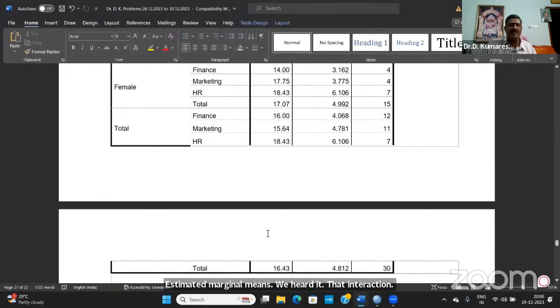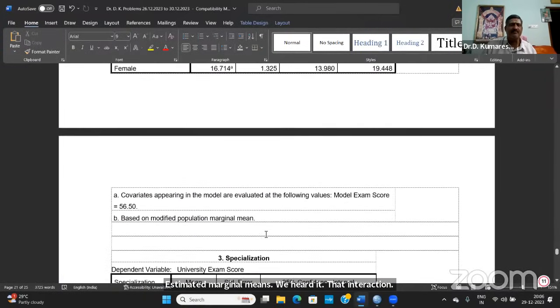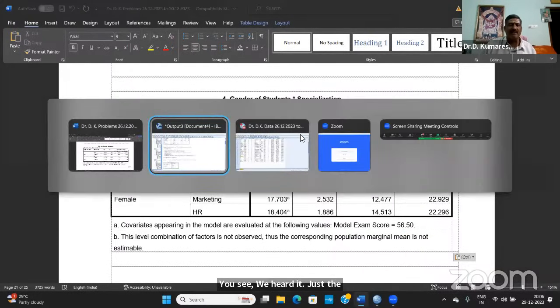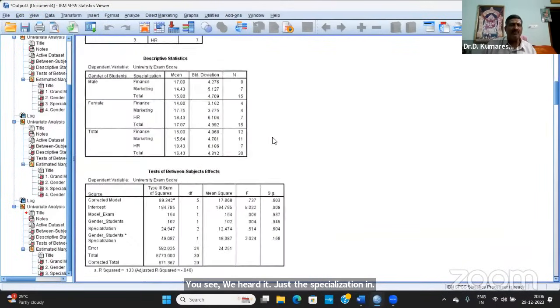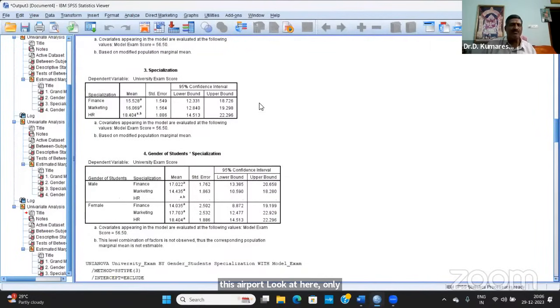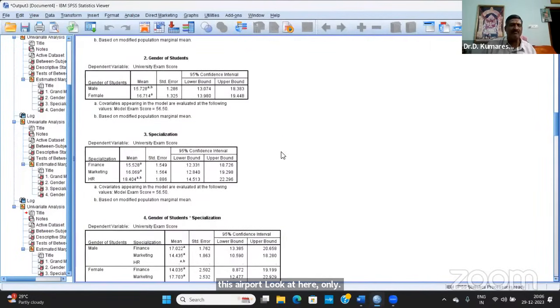Yes, here. You see, here we had gender and specialization interaction. But in this output, look at here, only gender and specialization are given.